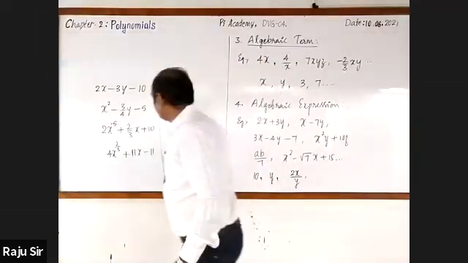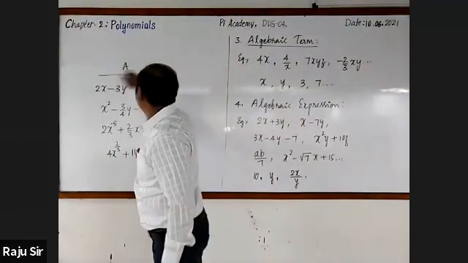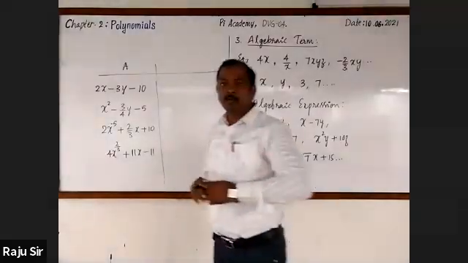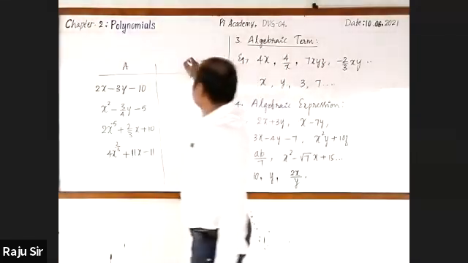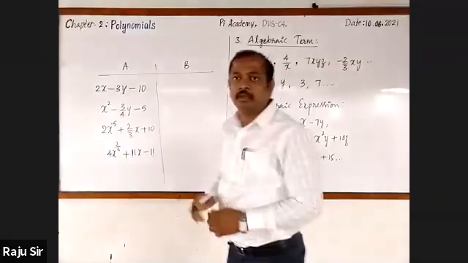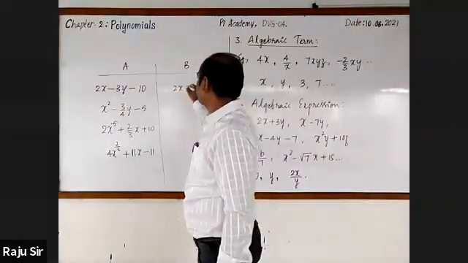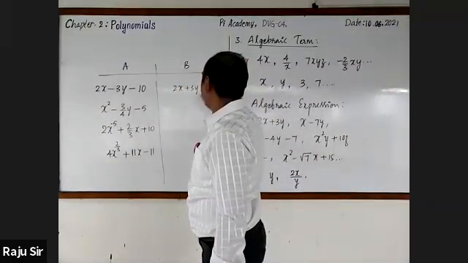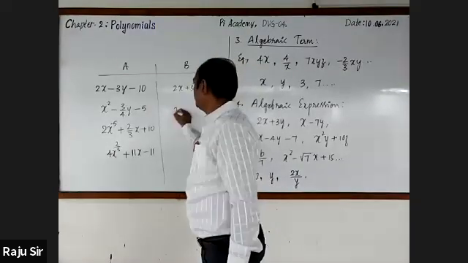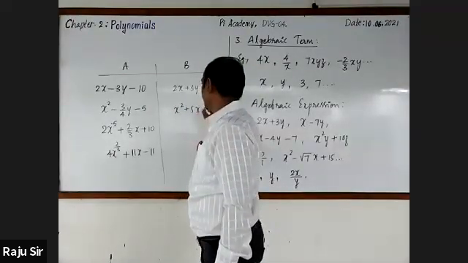This is one group of algebraic expressions. I call it A. Let me take another group. In this, 2x plus 3y plus 7. Then x squared plus 5x plus 6.